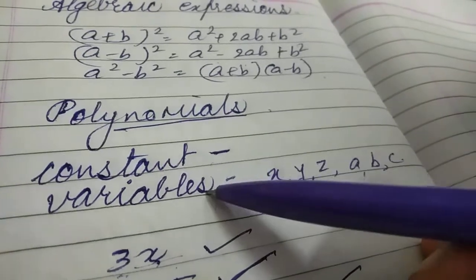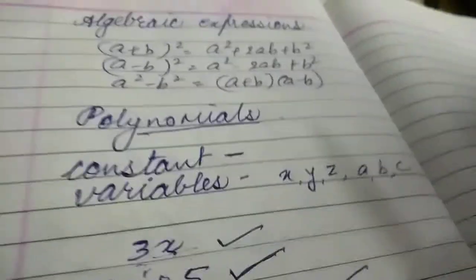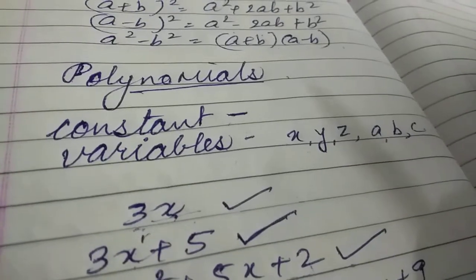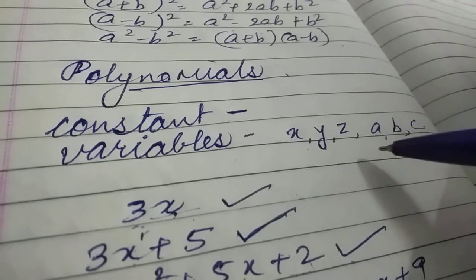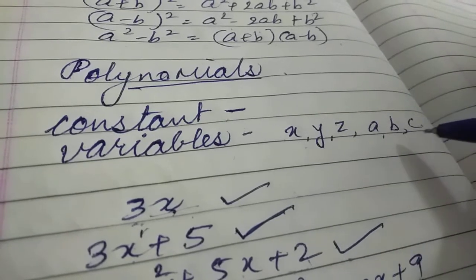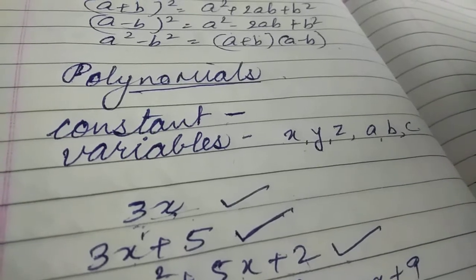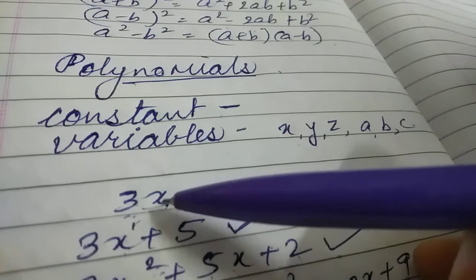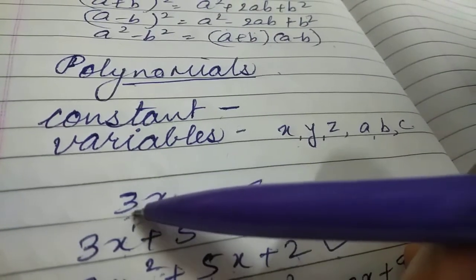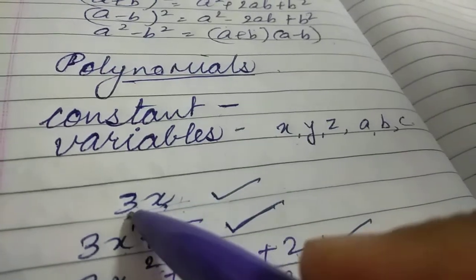And variables are x, y, z, a, b, c, which we take to form the terms of the polynomials, and their value changes with the equation or with the polynomial or with the place. Such as if I take 3x, here x is a variable and 3 is a constant, and this has only one term.